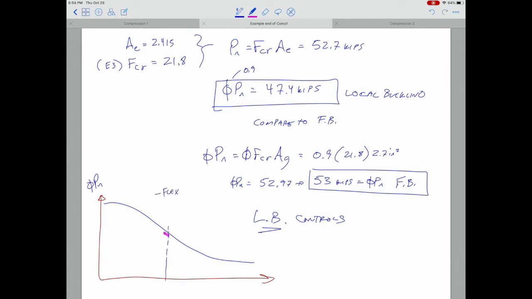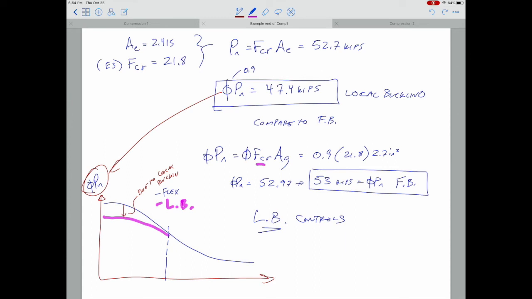You'll see that once you start to get into this region, the overall phi Pn, right, is going to be governed by local buckling, and you're going to see this drop that's due to local buckling. And so what I wrote here was the local buckling phi Pn. Right now, in terms of stress, it's not going to be very clear because we always use the flexural buckling stress. Right. So if we change it into axial load, then we can see the difference between the two.